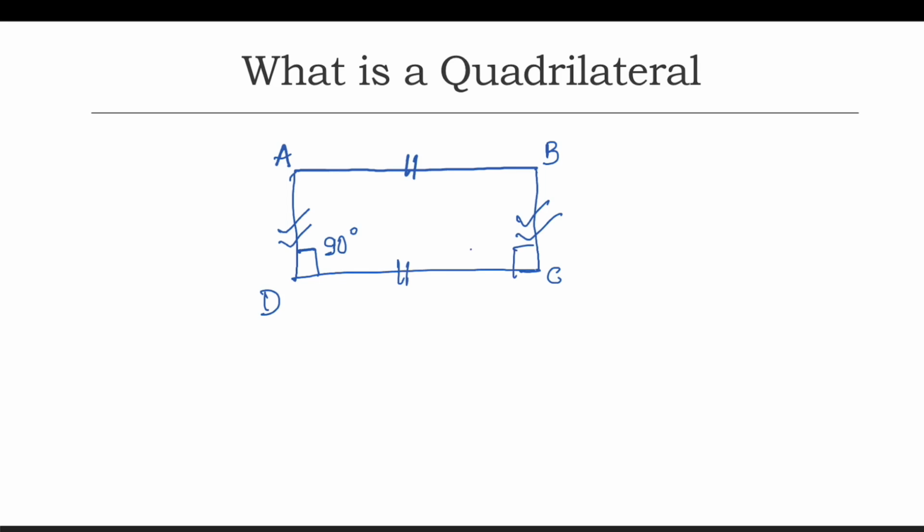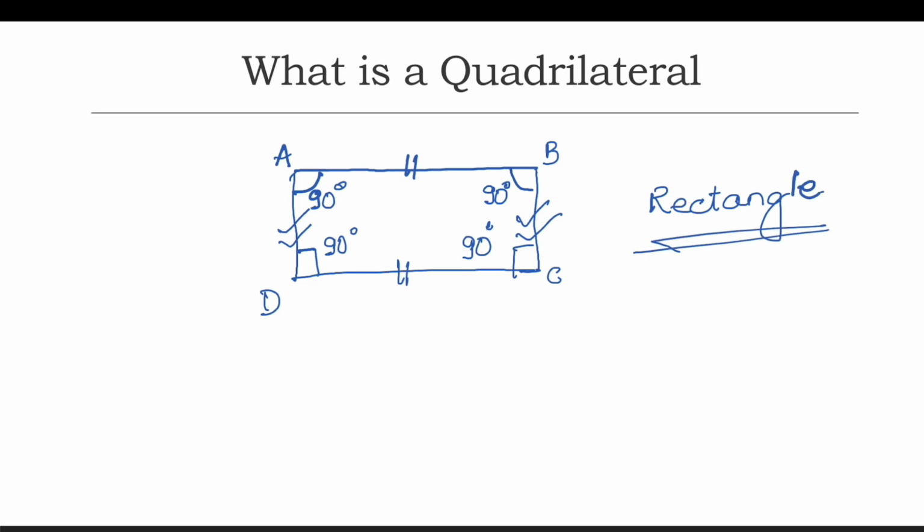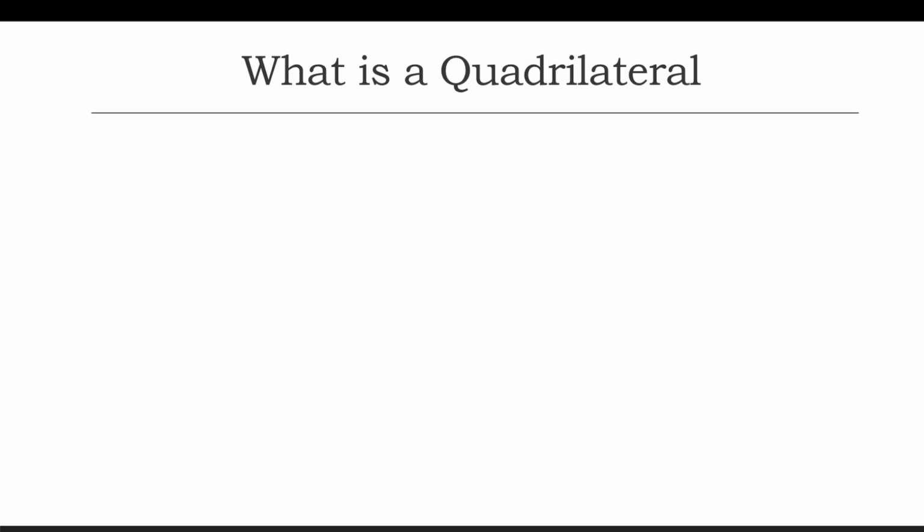So this angle is 90 degrees, this is 90 degrees, this angle is 90 degrees, and this is 90 degrees. So if along with a parallelogram the angles are at 90 degrees, this is called rectangle. So rectangle is a special type of parallelogram where the angles are at 90 degrees.